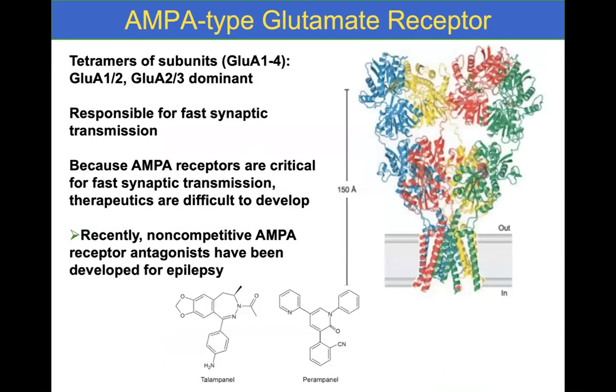This is an example of, in this case, a crystal structure. This was before the cryo-EM revolution. This is a crystal structure of the tetramer of the AMPA receptors, which are composed of 4 subunits, GluA1, 2, 3, and 4.